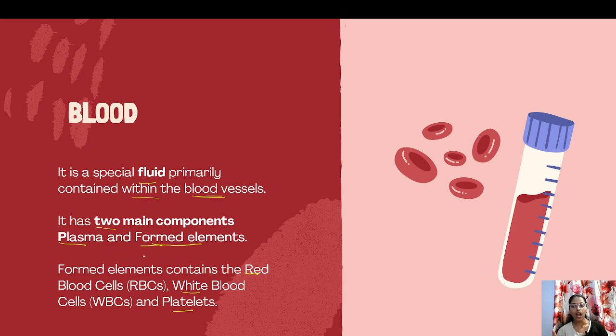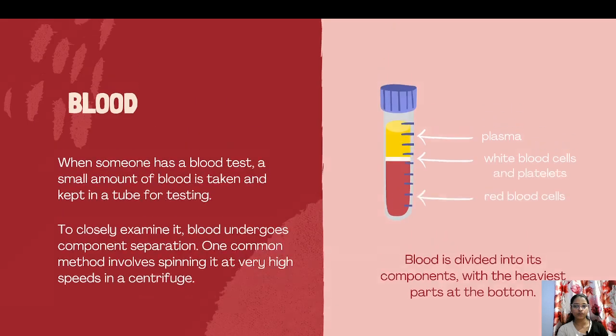Okay, now how do these two components get separated? When we centrifuge the blood by keeping it in the centrifugation machine, the blood gets divided into two sections.